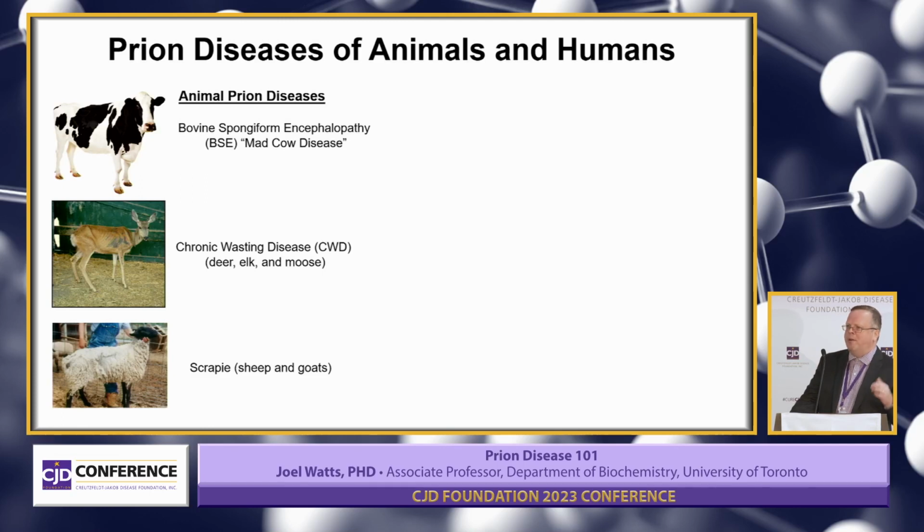Well, let's talk briefly about prion disease, because Brian already talked about this. Because everybody is here at this meeting about CJD, we probably care more about the human prion diseases, but it's important not to forget that these were originally identified and studied widely in animals. The three most common prion diseases in animals are bovine spongiform encephalopathy, more commonly called mad cow disease; chronic wasting disease, which is a disease of cervids, which are your elk and your deer and your moose, and this is a disease that is spreading very widely in certain areas of the United States and Canada.